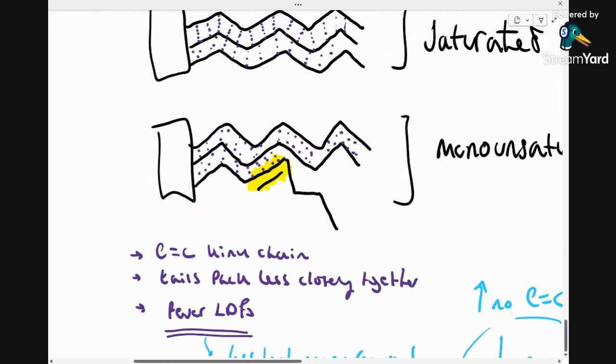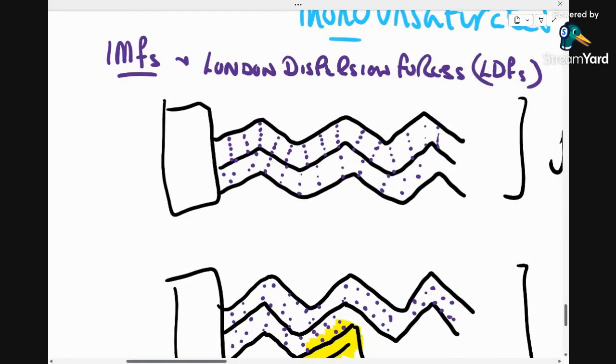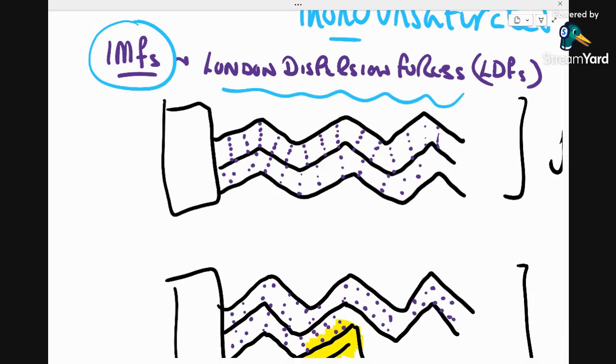As opposed to the guy up here that is completely saturated. That means we form the maximum number of London dispersion forces between the hydrocarbon tails. They can pack much more closely together, meaning that more heat energy is required to break all of these intermolecular forces. Don't forget, with intermolecular forces, individually they are very weak, but together collectively, they're quite strong.